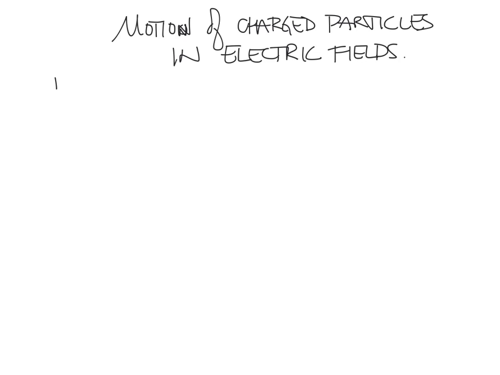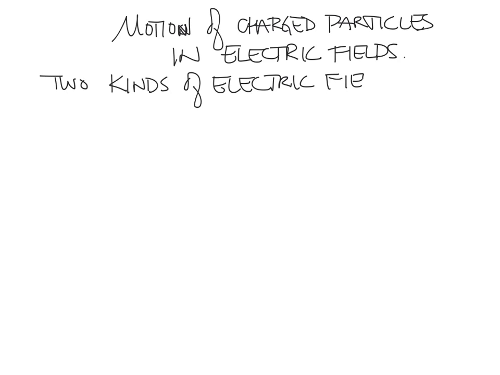Anyways, there are two kinds of electric fields that we will look at. The first one is the one you're somewhat familiar with that we've talked about in class, where we have a point charge and we have a field radiating out of that charge.